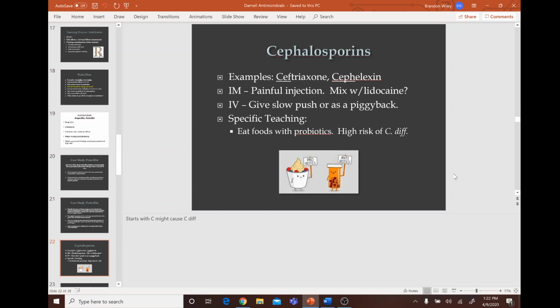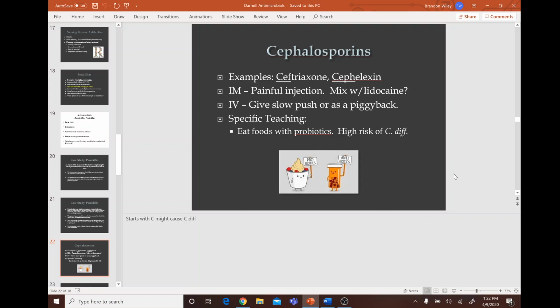All right, give me some examples of cephalosporins. Ceftriaxone or cephalexin. Tell me about the IM versions of cephalosporins. They're a painful injection, so usually mix those with lidocaine because it's a numbing agent.